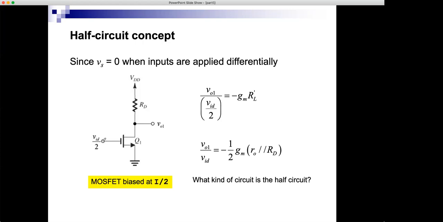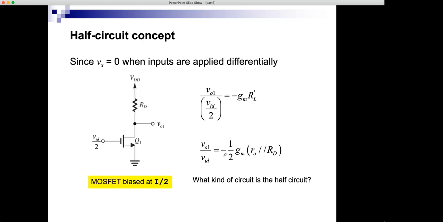On the second gate, I will have minus VID over 2. So this is V in. And if I rewrite it, I get VO over VID equal to minus half gm (ro parallel RD).